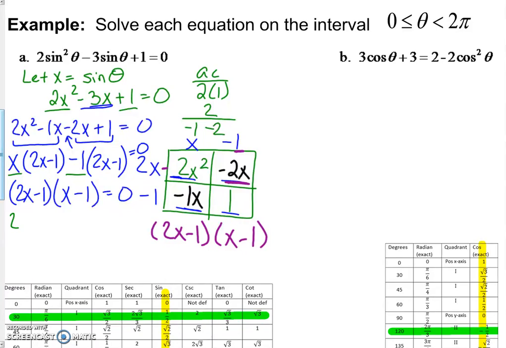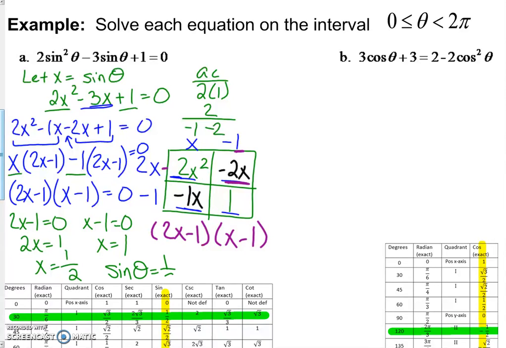We're then going to take each set of parentheses, set it equal to 0. Remember, we're just doing opposites. So on this left-hand side, we're going to add 1 and divide by 2. So we have it written down as x, but remember that x was our sine value. So I'm going to be looking up, where does sine of theta equal 1/2?